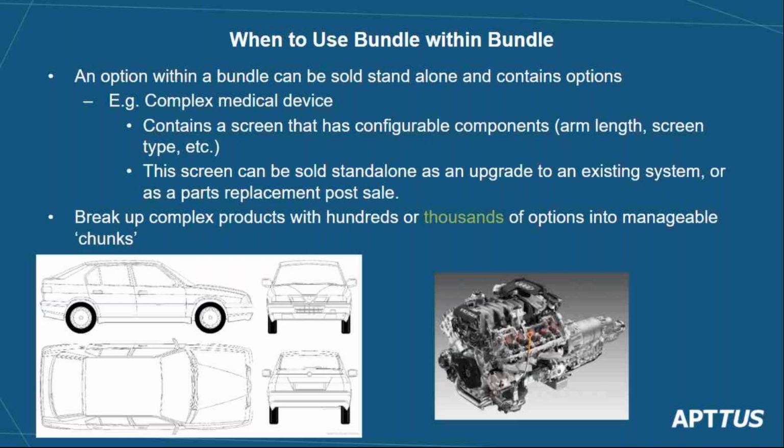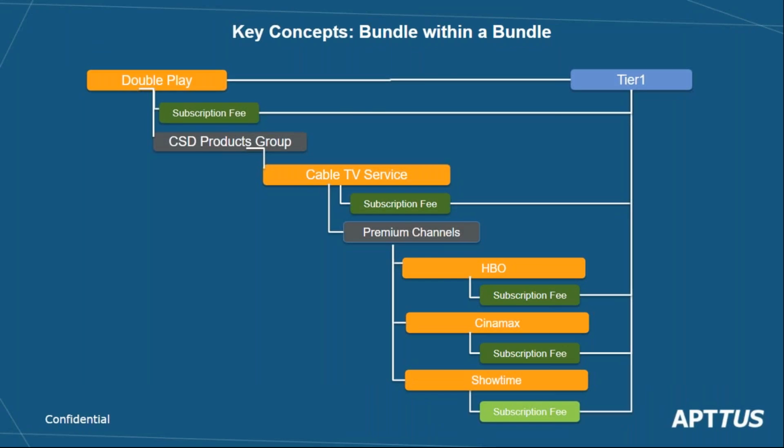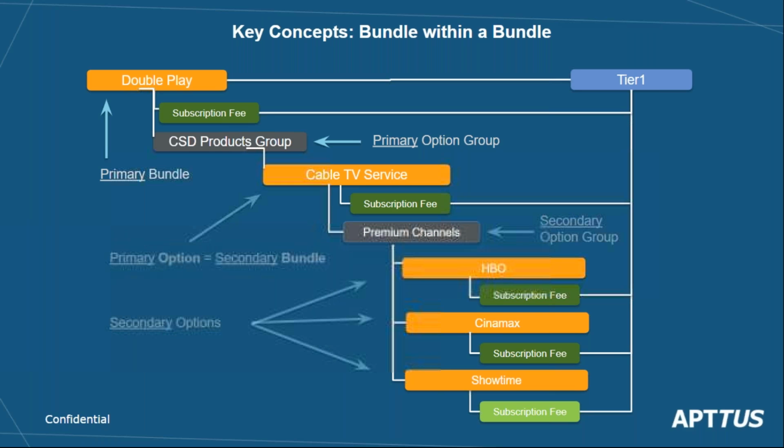All right. Options versus attributes, we have already taken a look at. Now, looking at the bundle within a bundle configuration, there is another example, the double play. This is also something that you will be configuring in the exercise. Here, the double play is our primary bundle. Then we have a primary option group, and under the primary option I have a secondary bundle, that is cable TV service.